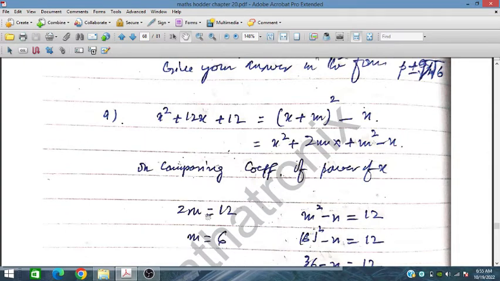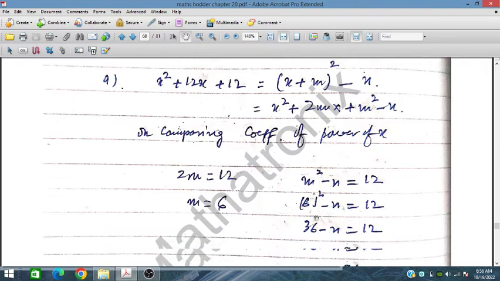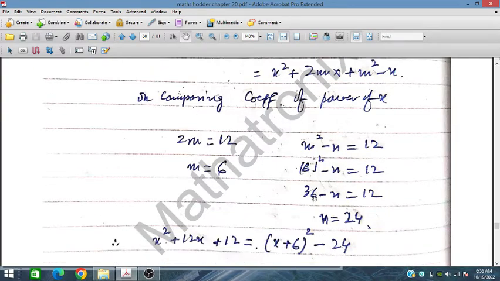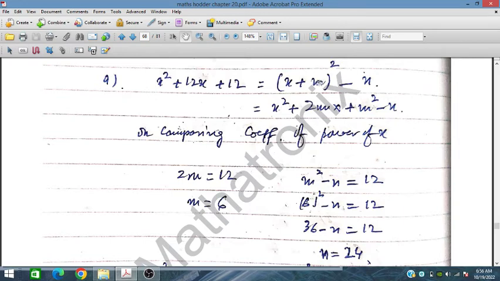So from this, m is equal to 6. We will place this m here, so 6 square minus n is equal to 12. This is 36 minus n is equal to 12, so n is equal to 24.